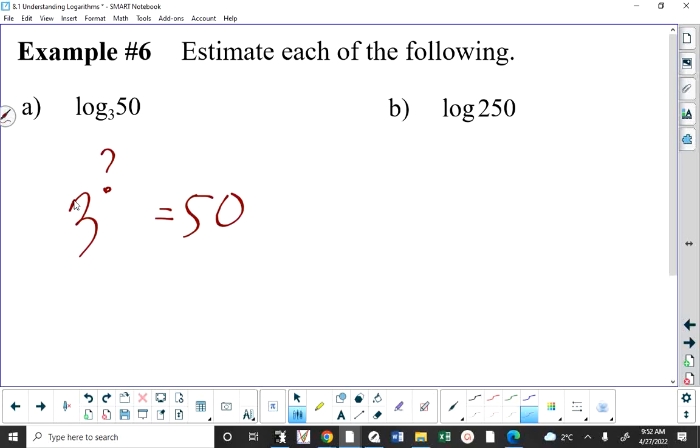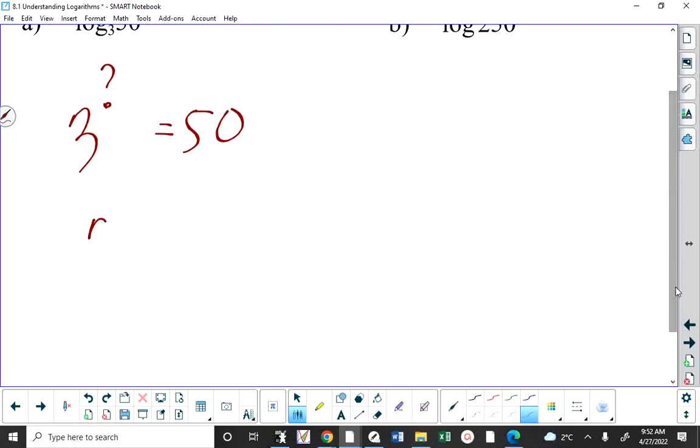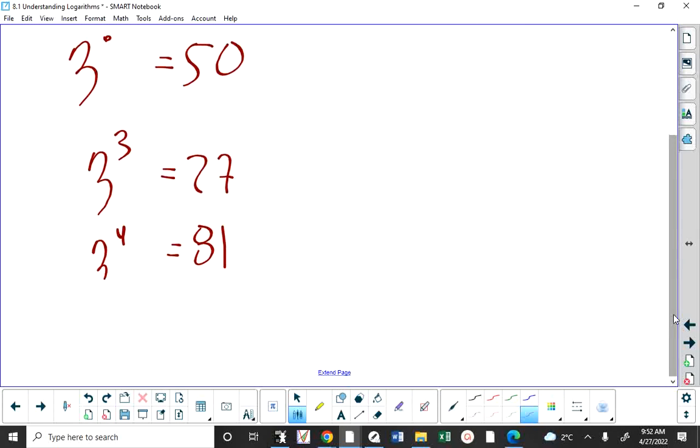3 to the 2 is 9, right? I know it's not 3, because 3 to the 3 is 27. I know it's not 4, because 3 to the 4 is 3 times 3 times 3 times 3, which is 81. If I want to get 50, just think about this for a second.